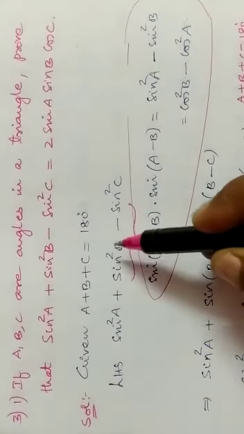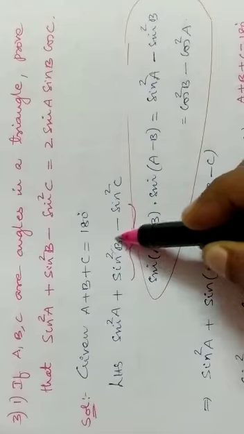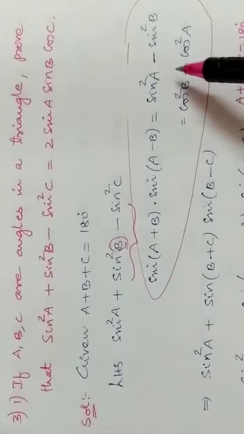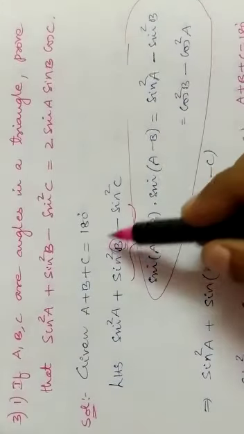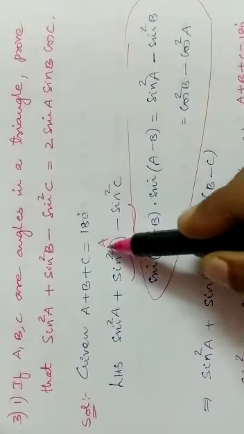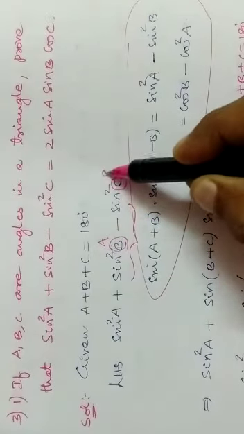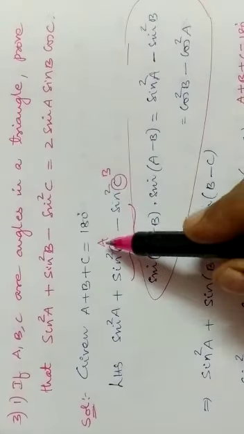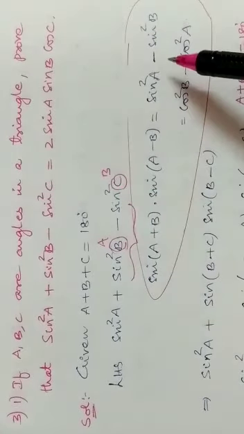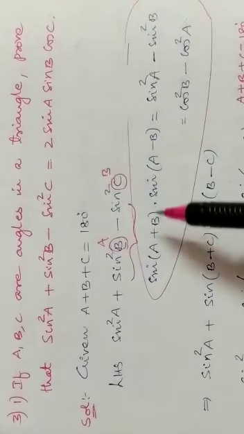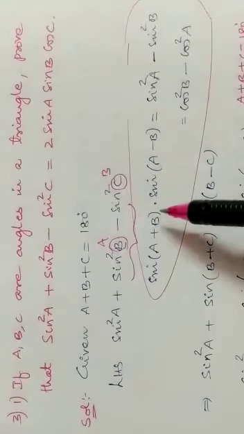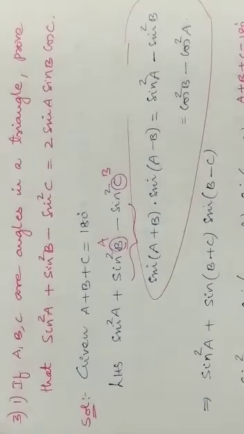Treat this as A, because in the formula you are having A, sin²A minus sin²B, sin²A minus sin²B. Then you can write this as sin A plus B into sin A minus B.